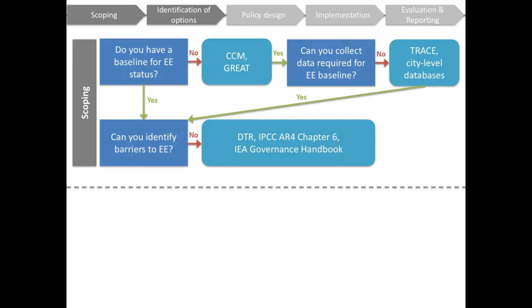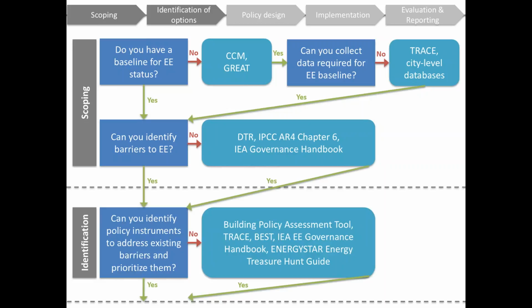The Driving Transformation report by WRI, the IPCC, and the IEA Governance Handbook have certain information and guidance on how to link energy efficiency barriers to certain policy instruments, which can help policymakers to select the relevant policy instruments. This leads to the next stage, when policy instruments can be identified and prioritized, and there are certain tools which can help at this stage as well.